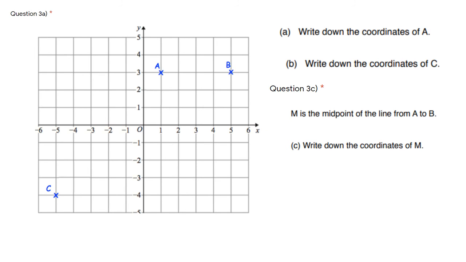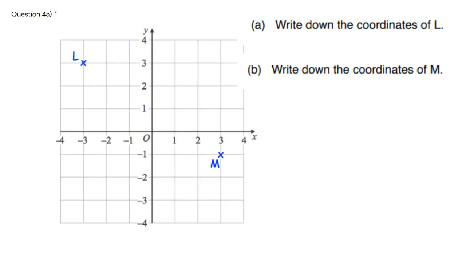This is question 3. So you're going to write down the coordinates of A and C, first of all. Then for the last part, if M is halfway between A and B, so it's called the midpoint. So if M is halfway between A and B, what is the coordinate of M?